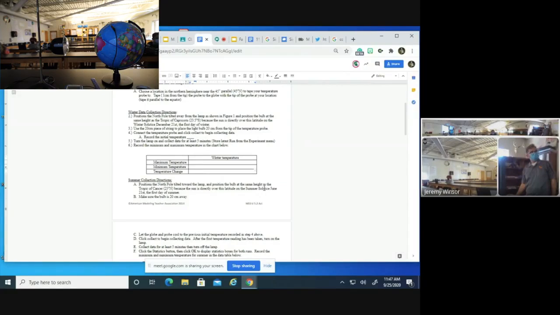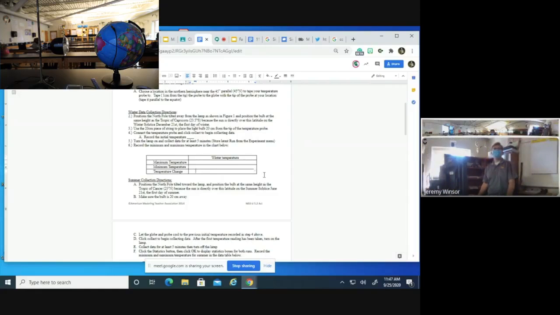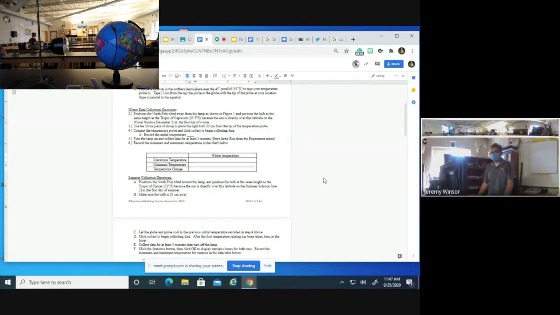Maximum is 31.9, right? What is our difference in temperature then? 8.9 degrees Celsius. Okay, all right, we got our units.